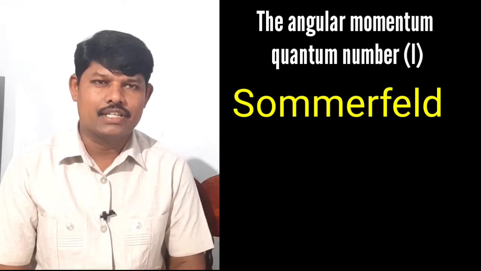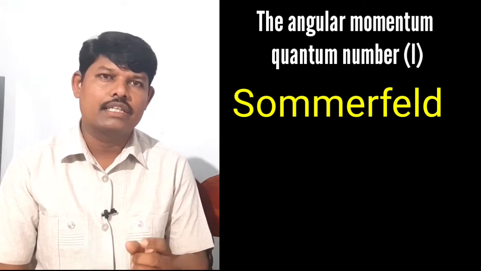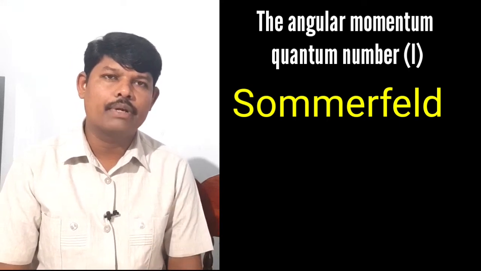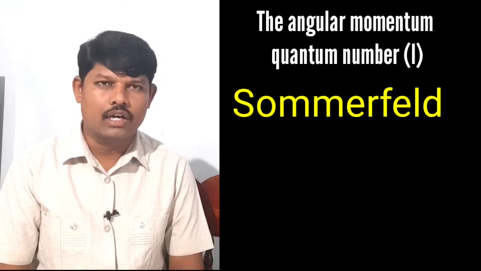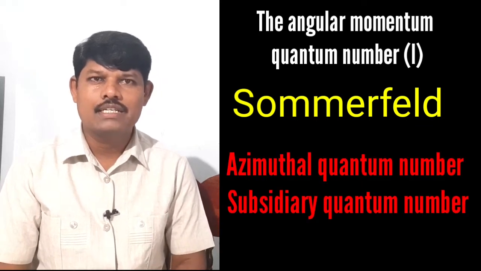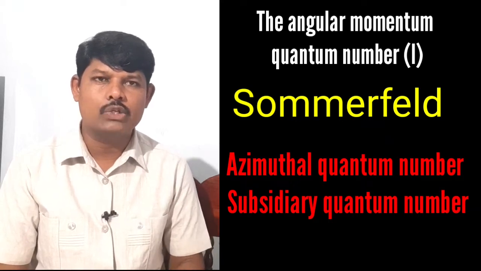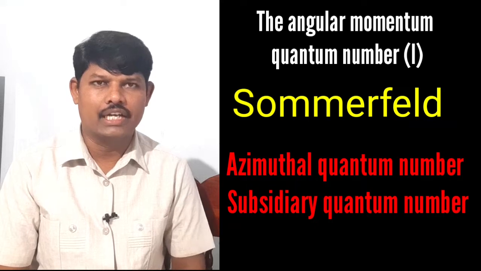Sommerfeld suggested this angular momentum quantum number. It is also called the azimuthal quantum number or subsidiary quantum number, and it is denoted by small l.